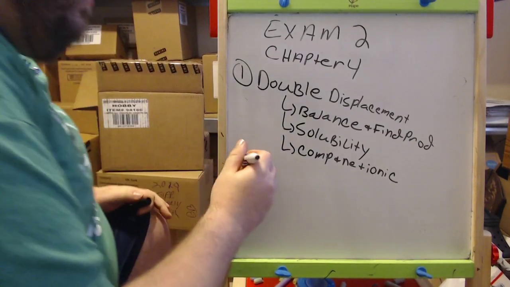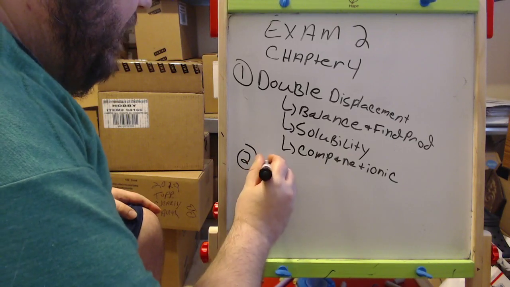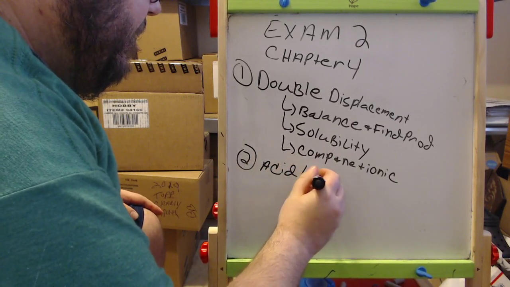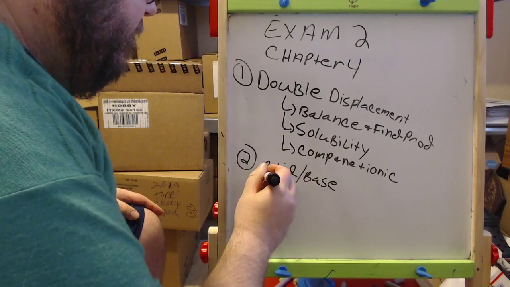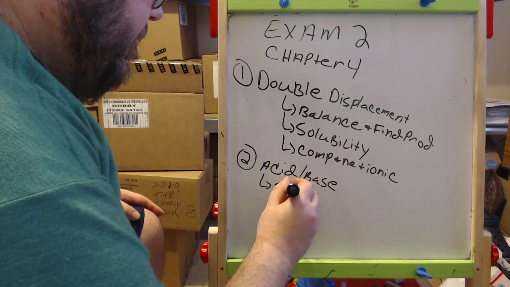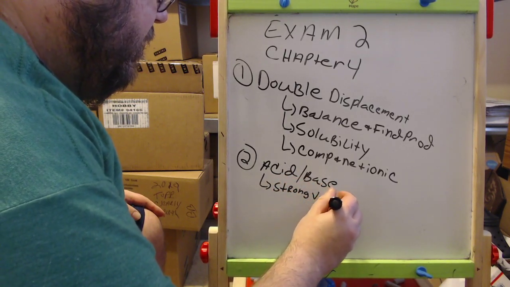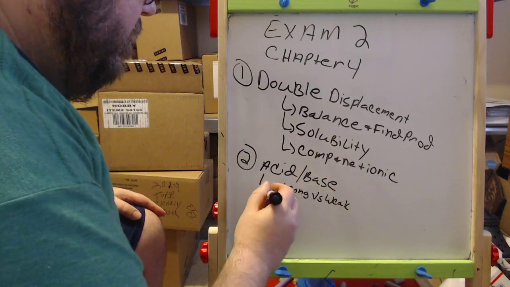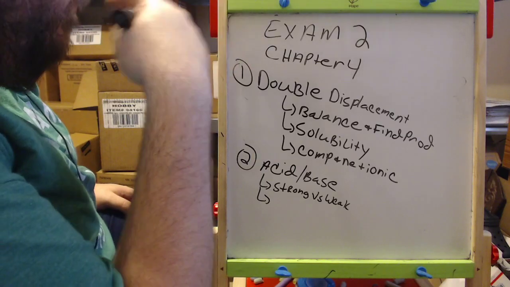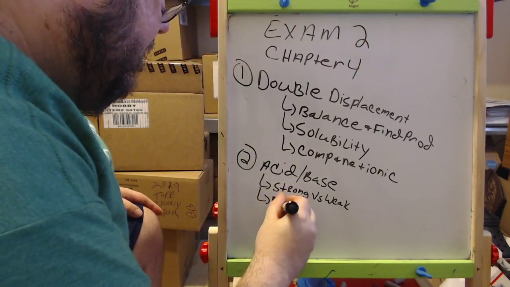Okay. Number 2 out of chapter 4. Acid base. Strong versus weak. Naming acids.